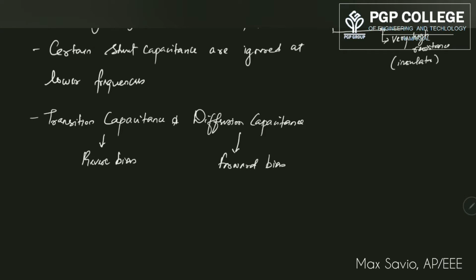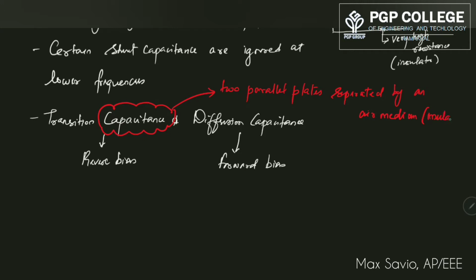So why do we call it a capacitance? You know what a capacitor is all about. It's two parallel plates separated by an air medium, which is an insulator. Usually it looks like this: you have a gap between the two parallel plates.